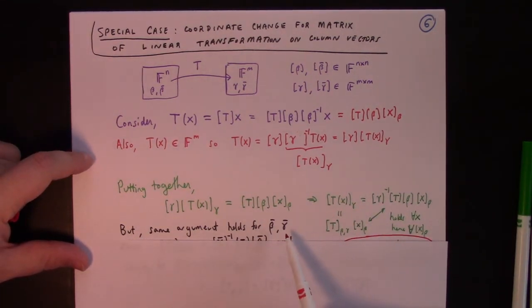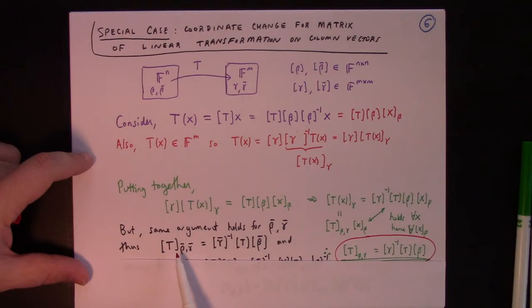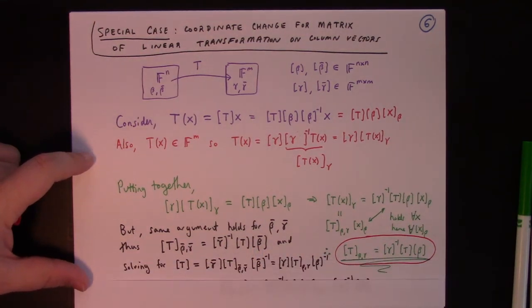In any event, this calculation just as well holds for the barred basis, right? And so I can just as well calculate that the T with bars is equal to gamma bar inverse T beta bar. But the thing is, the standard basis is unique, so we can meet these in the middle and solve for the standard matrix in both of these equations, this equation and the other circled red equation.